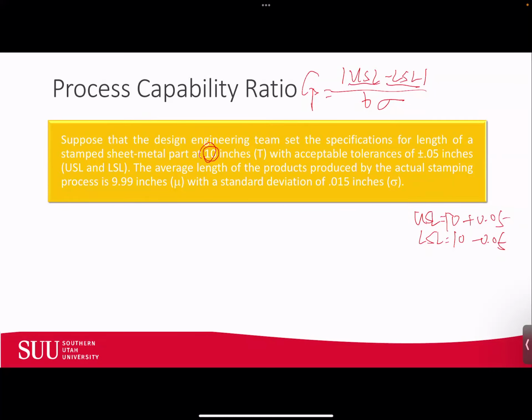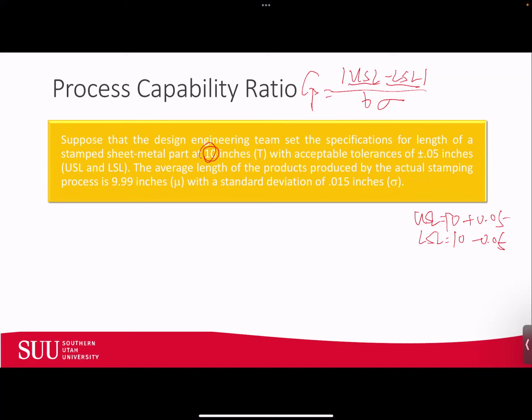Is sigma 9.99 or 0.015? Which number here represents the sigma?